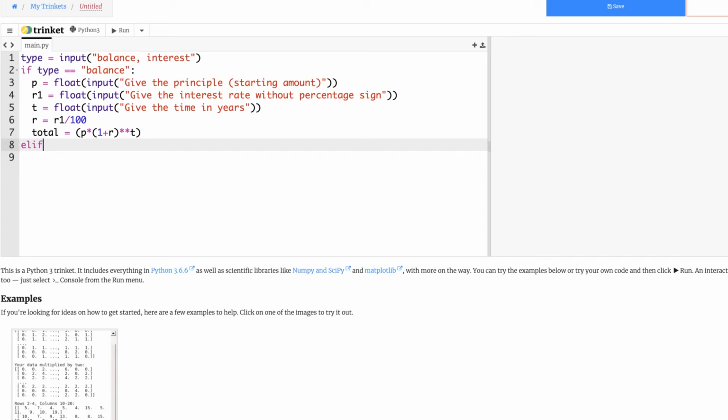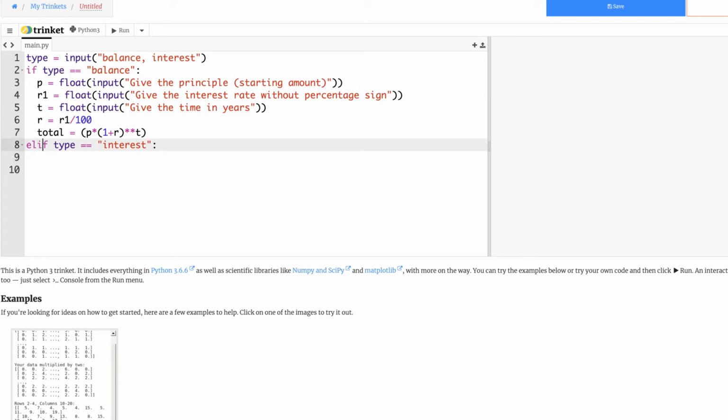So now let's write elif type equal to interest. Now the colon sign is so that it knows this is the end of the condition and that what follows inside is the start of the block. Okay, so interest is the same thing, it's just that you need to subtract the principal again.